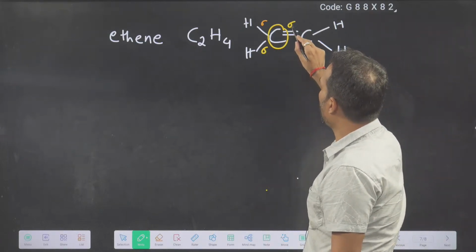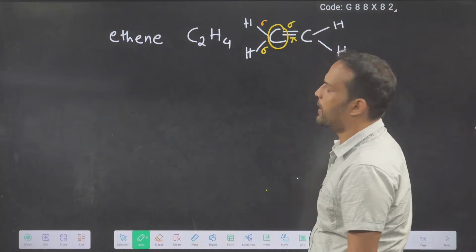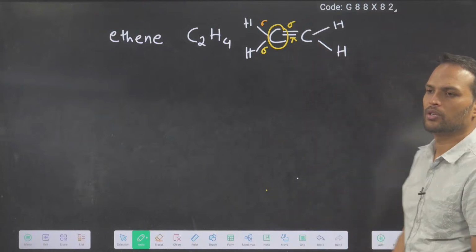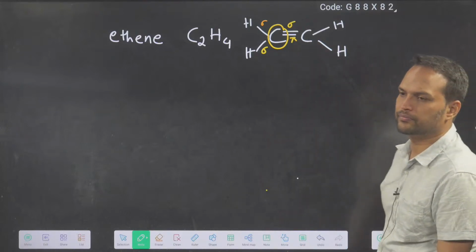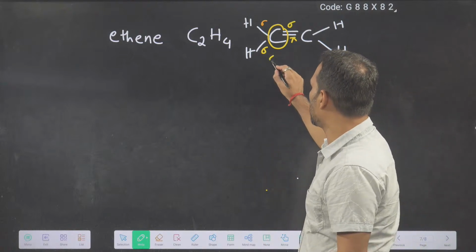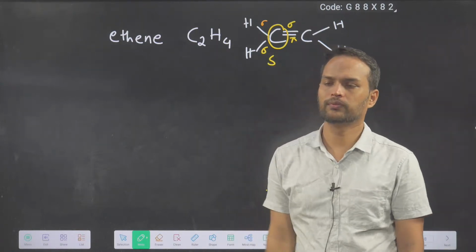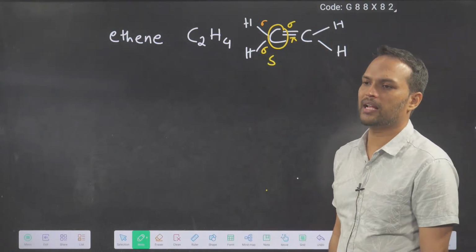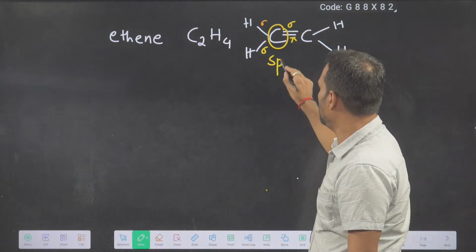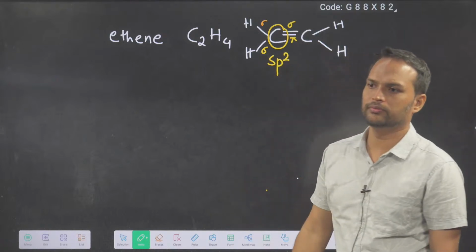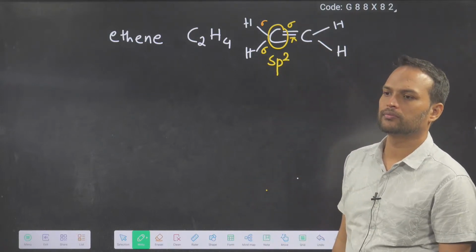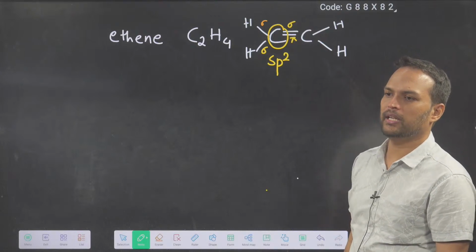In a double bond, 1 is sigma and 1 is pi. So 3. So what should be the hybridization? sp2.